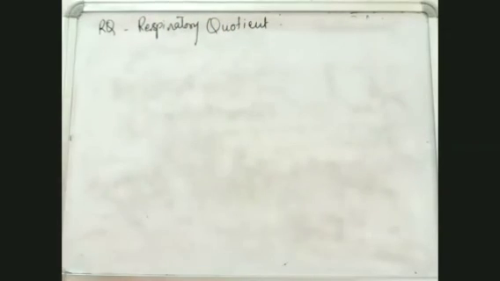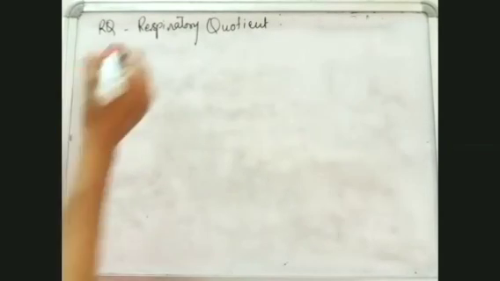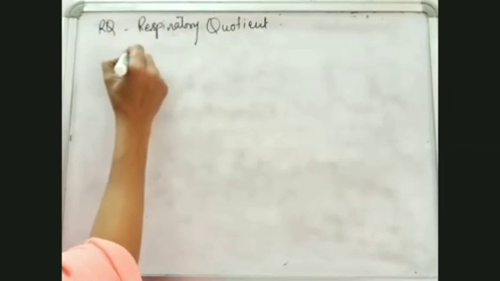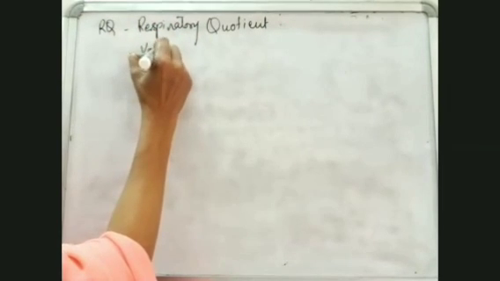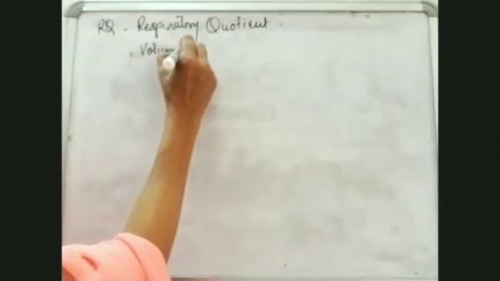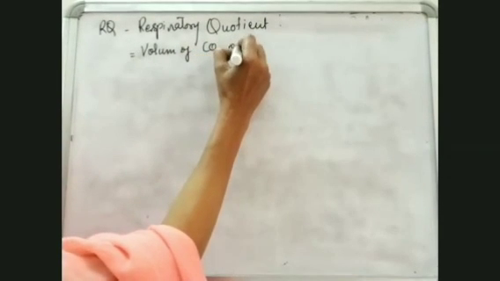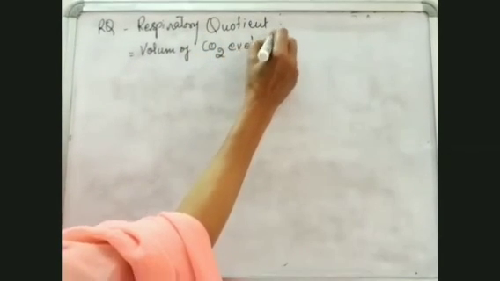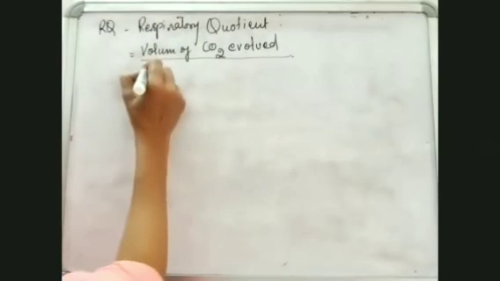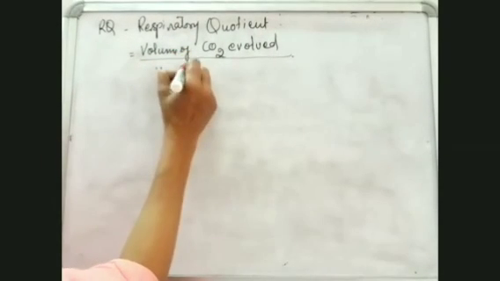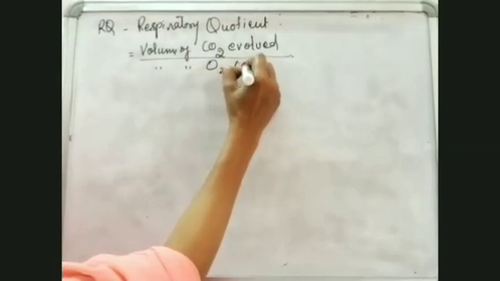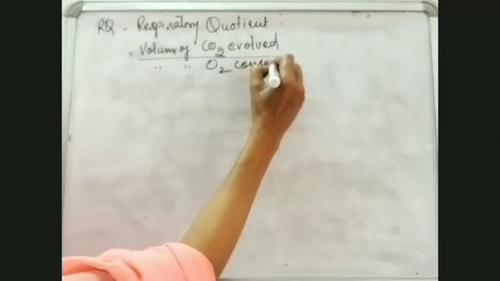Respiratory quotient is the volume of CO2 evolved over the volume of O2 consumed. See, what is evolved? Volume of CO2 evolved. CO2 is evolved, that we all know. And what is consumed? Volume of O2 consumed. This gives you the respiratory quotient.